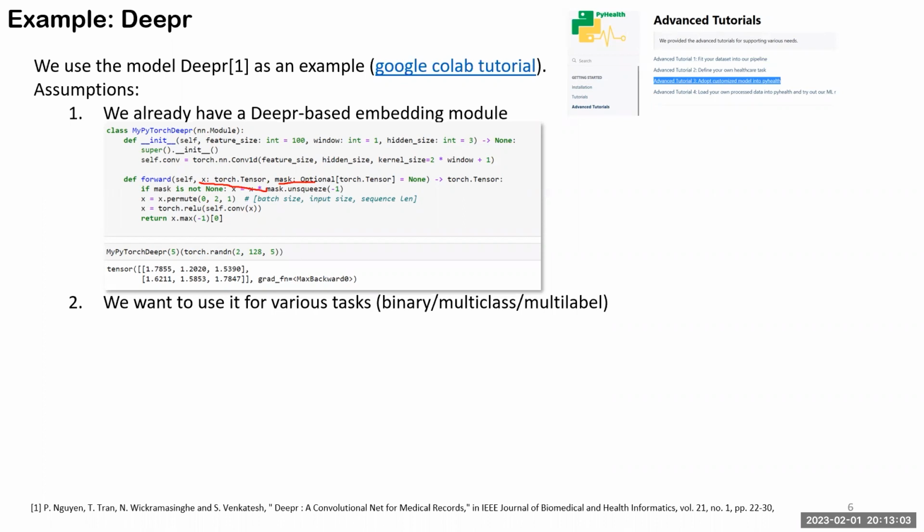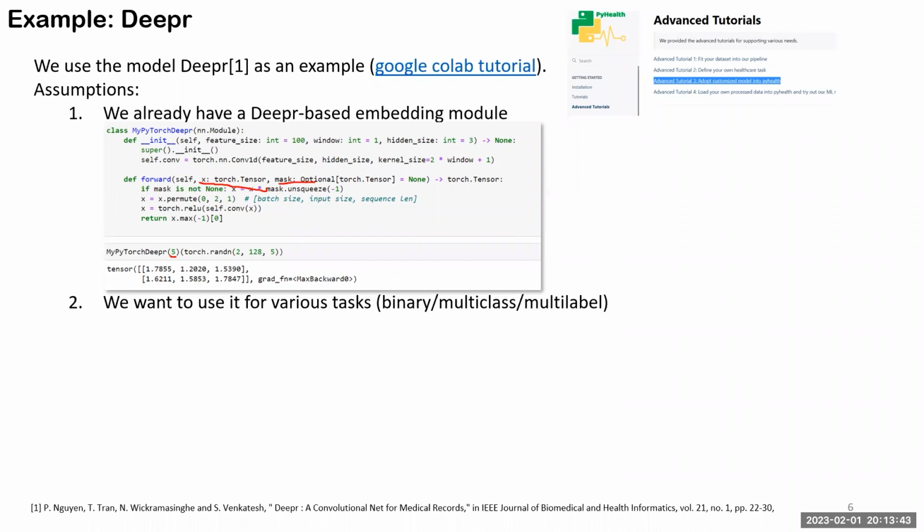Here I'm passing in a tensor of shape 2 by 128 by 5. Here the 5 is the feature size, which is part of the parameters. After you pass that input through this PyTorch version of Deepr, you get the output tensor. Again, this is an output with a batch size of 2, but this time the embedding dimension is 3.